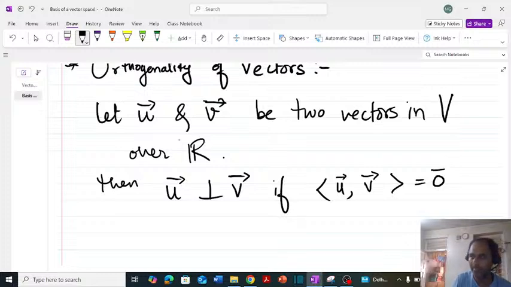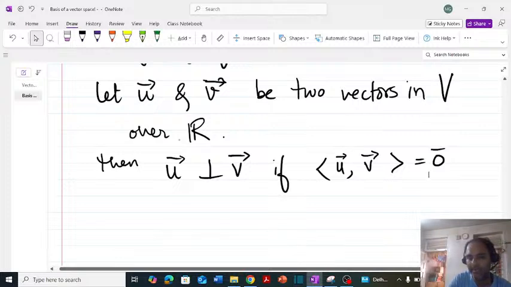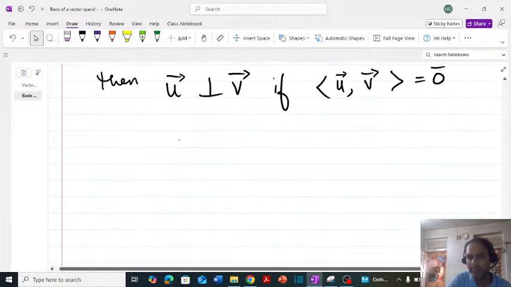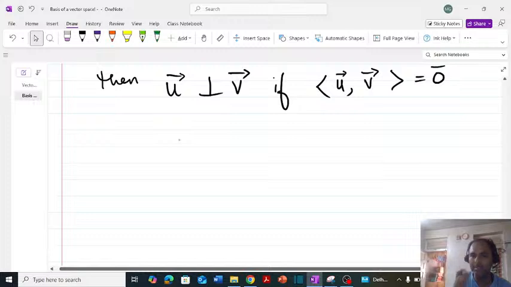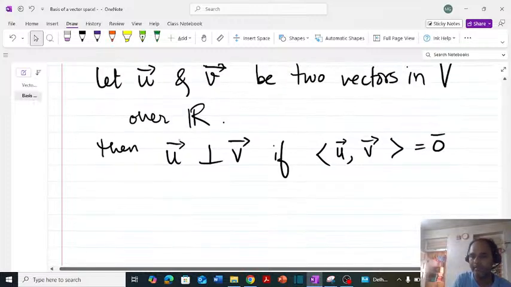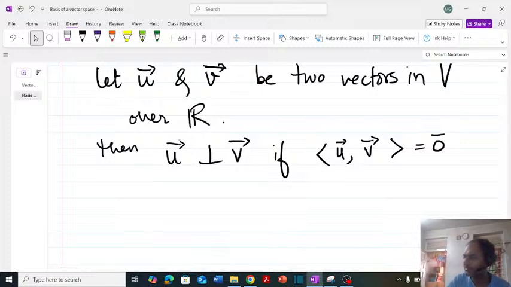So basically your dot product becomes 0, but in larger terms you say the inner product is 0.